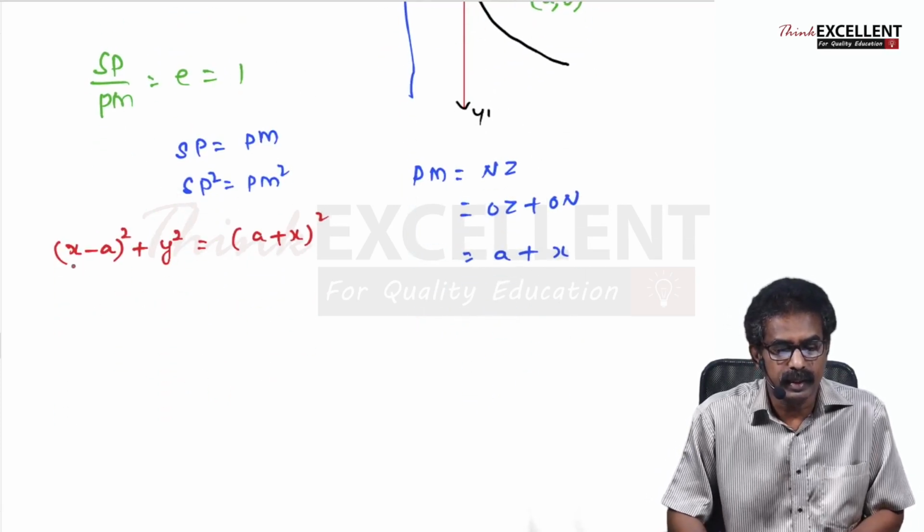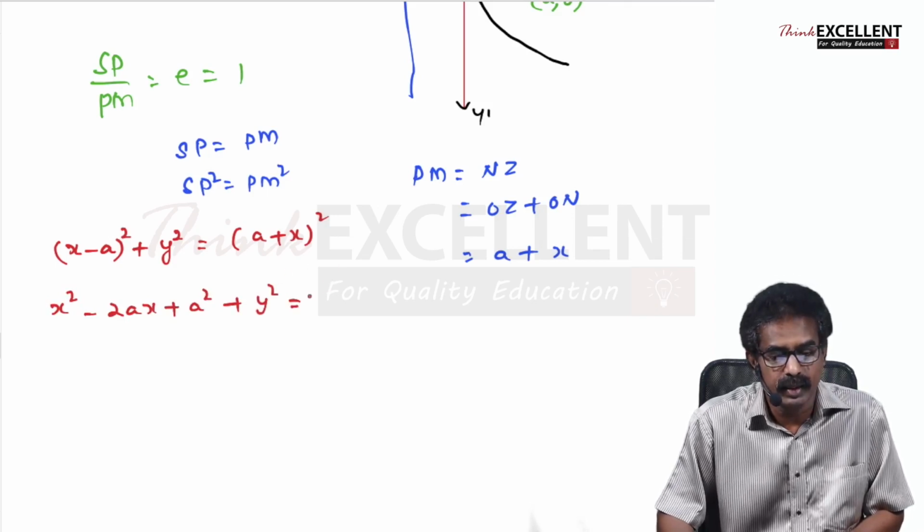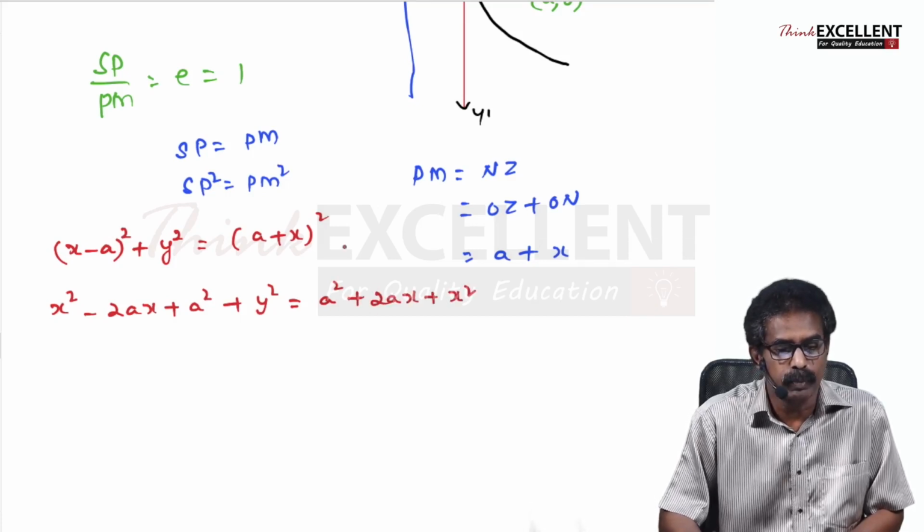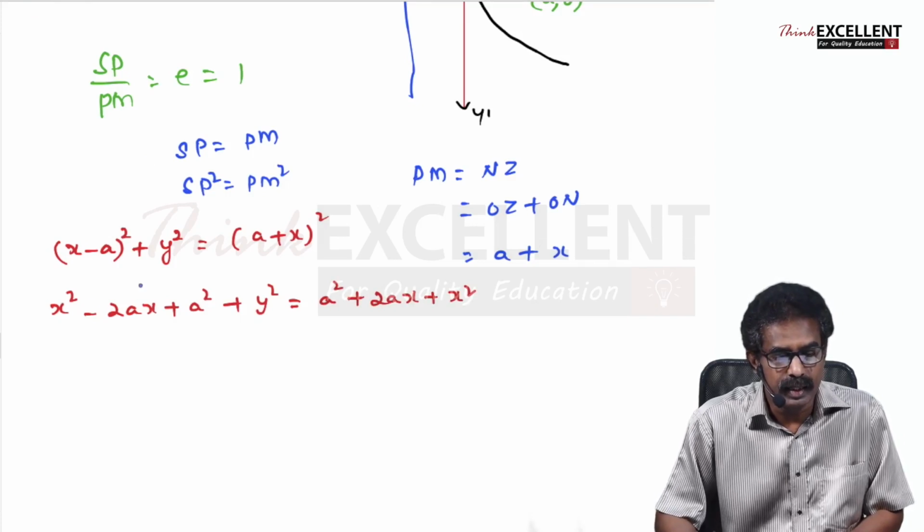Now just expand it, (a minus b) the whole square type, right? So x square minus 2ax plus a square plus y square equal to, on the right side you square it, (a plus b) the whole square, a square plus 2ab, that is 2ax plus x square. So on both sides you can cancel x square, right?